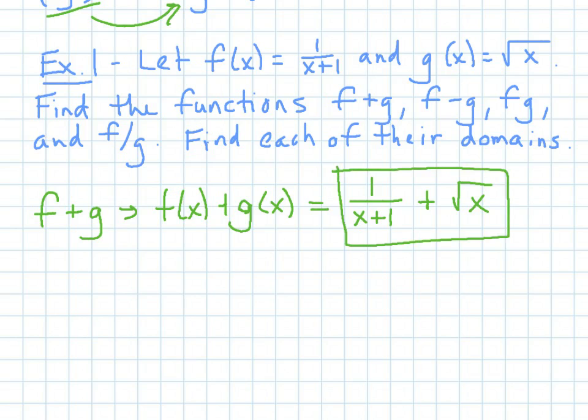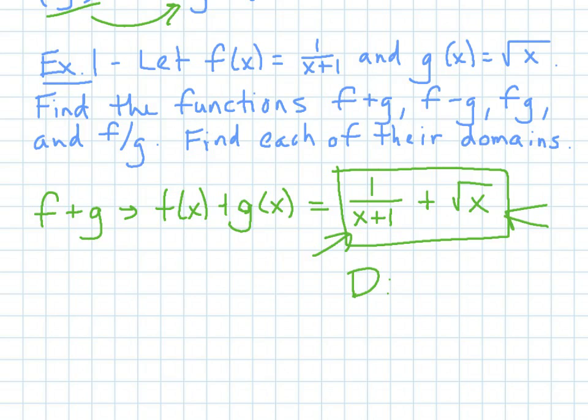Okay, it's pretty simple. Your domain, now you have to go back to a previous section where we talked about finding your domains. Here you have a problem where you have something in the denominator and you have something underneath the radical together. So look at your domains for both of them.